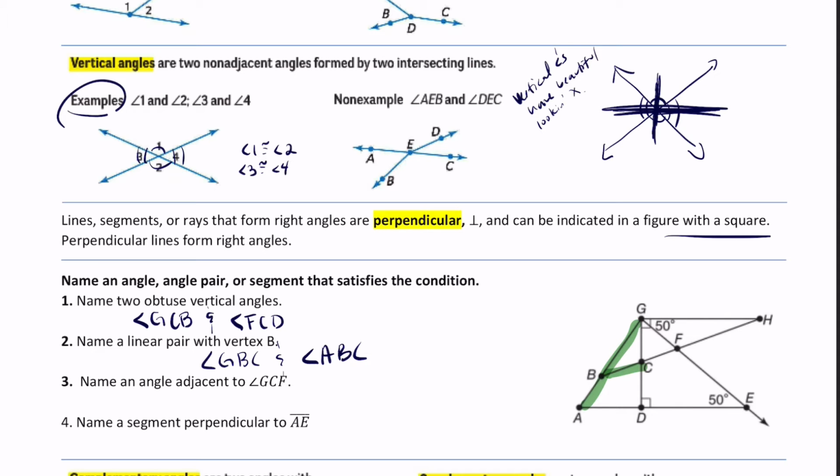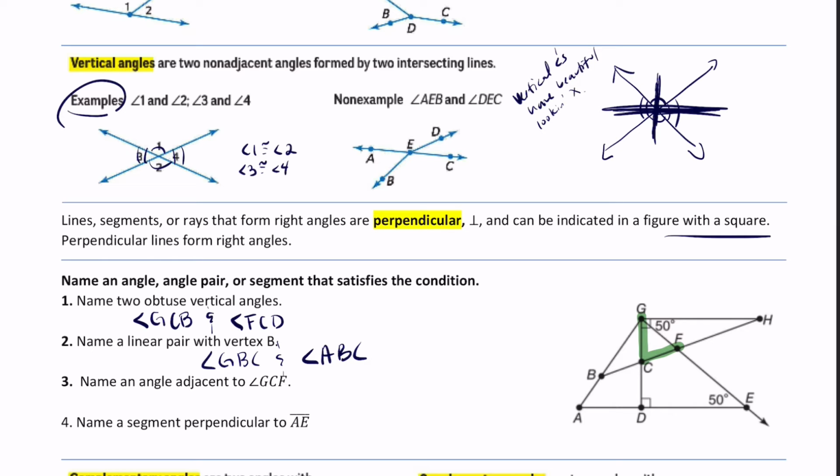Name an angle adjacent to angle GCF. So where is GCF? Not the greatest common factor, angle GCF. Got to find the adjacent angle.